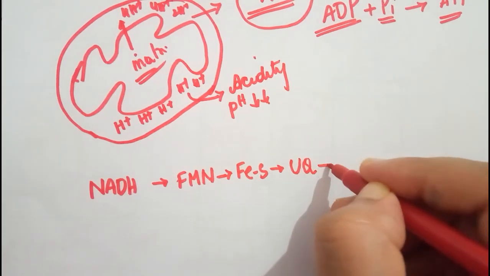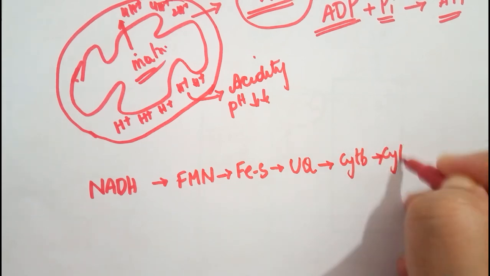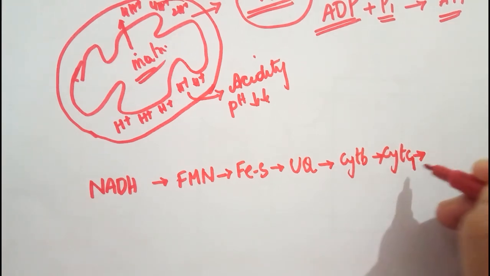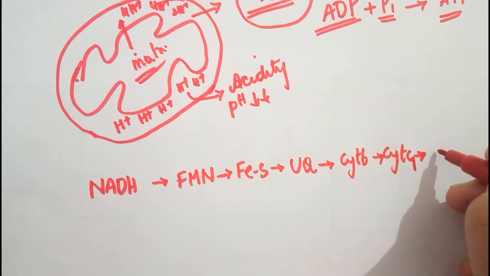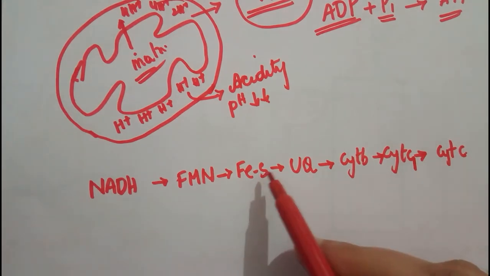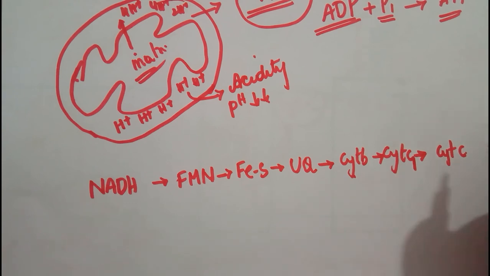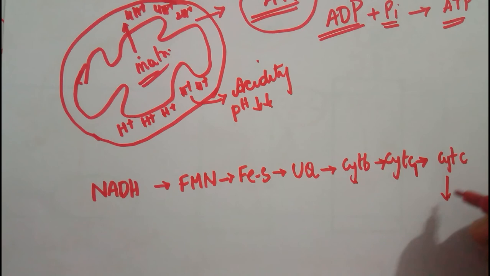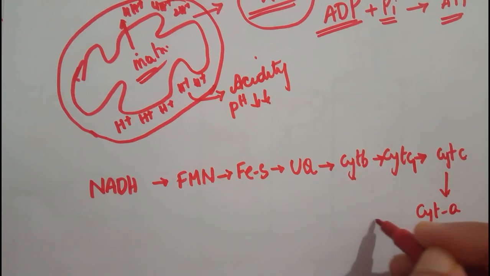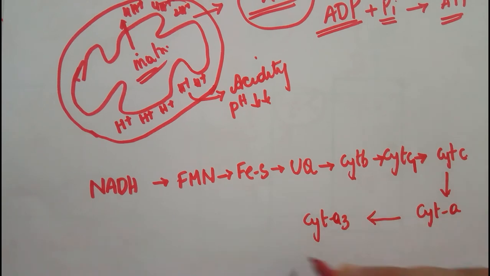From UQ it is going to complex 2, that is cytochrome B. From cytochrome B to cytochrome C1, the BC1 complex, and from cytochrome C1 to cytochrome C. From cytochrome C it is transferred to cytochrome A, and from cytochrome A to cytochrome A3. This is complex 4.